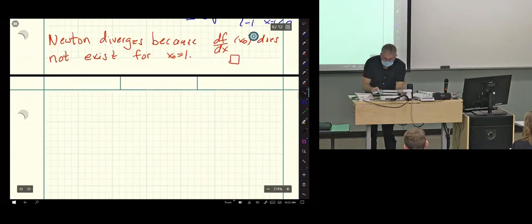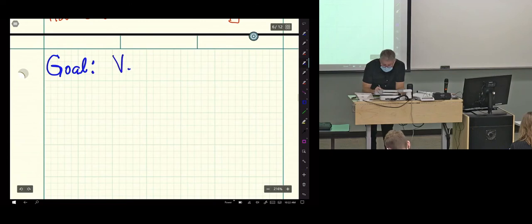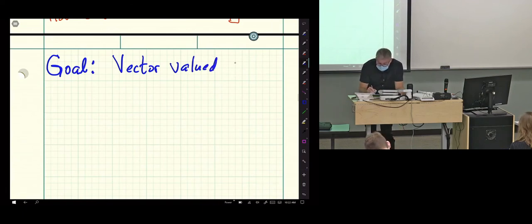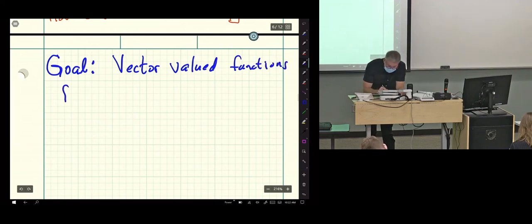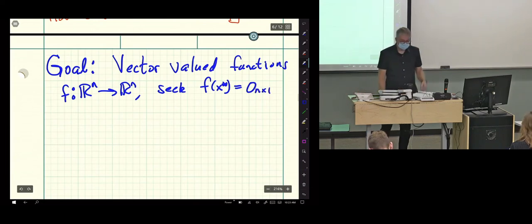No? Okay, so now our goal is, because you guys are bored anytime it's dealing with x equals a scalar now. So we want to have f take R^n to R^n, and we seek f of x star is the zero vector in R^n.